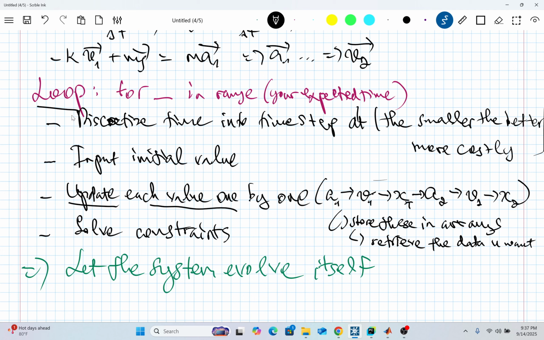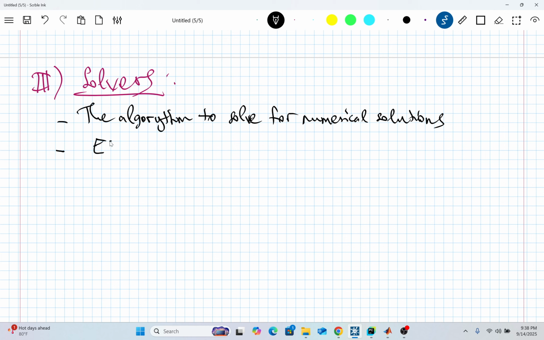There are going to be a lot of algorithms for each type, each category that you're simulating. This is one of them, and I will introduce you to some basic solvers and their attributes. A solver can be explicit. It can be implicit.